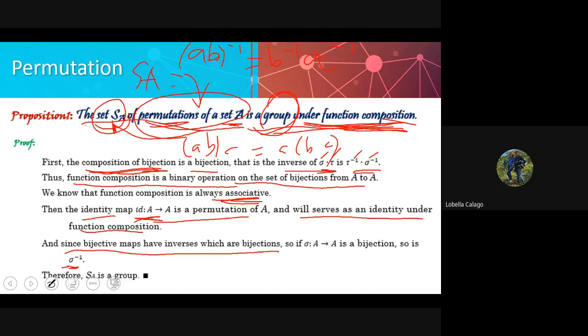So, therefore, the inverse also exists. Kaya nga, sinawag dito, the SA, which is the permutation of a set A, is a group. Group din siya because it is associative, identity exists, and inverses exist. Okay, so yun po. The permutations of this set A is also a group.